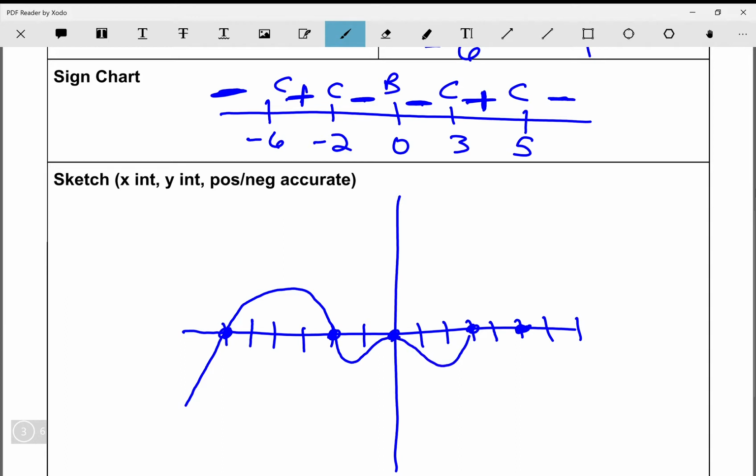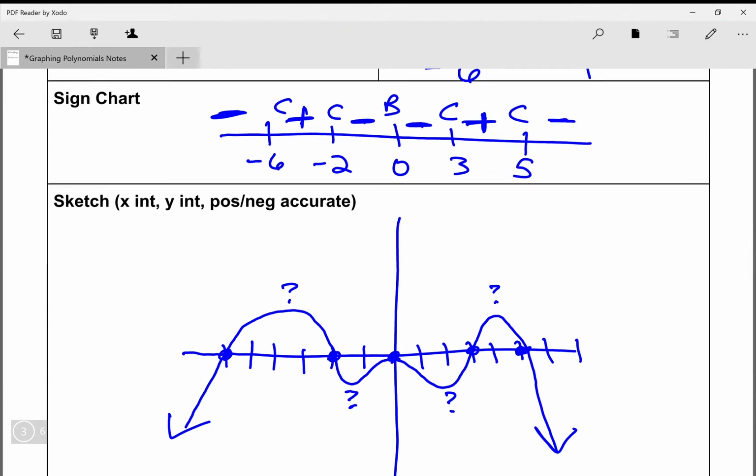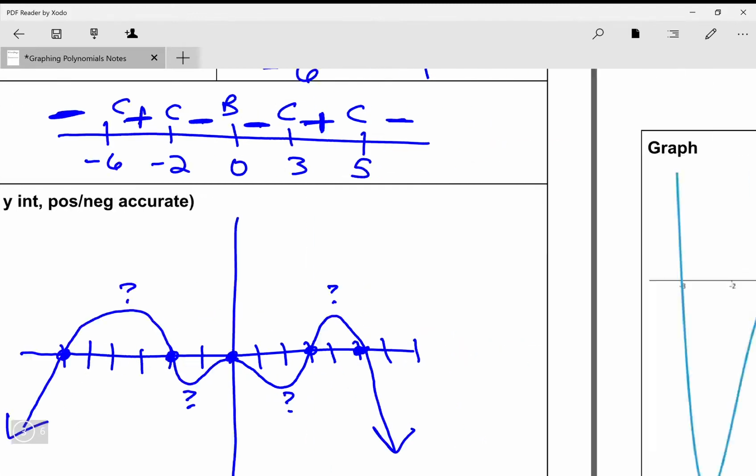And then cross at 3. Cross again at 5. And overall my behavior ends up right. Once again, don't know what's going on with these mins, with this max. That's okay. We just don't want to end up with something super jagged or anything. We want to avoid that. But any sort of smooth curve.